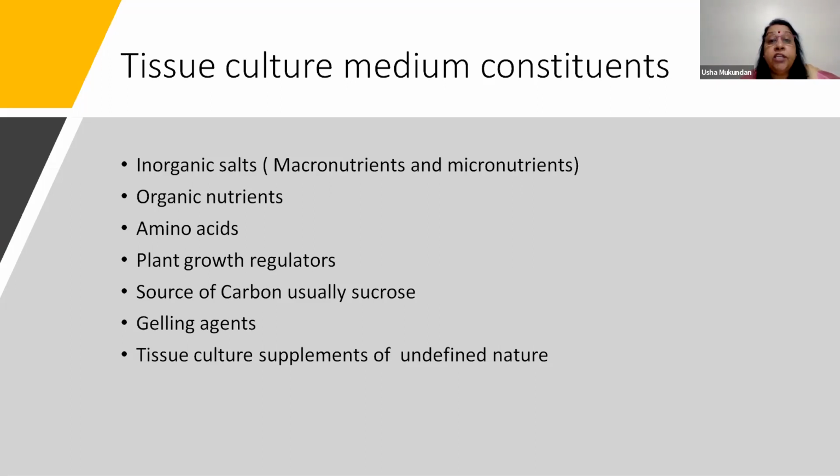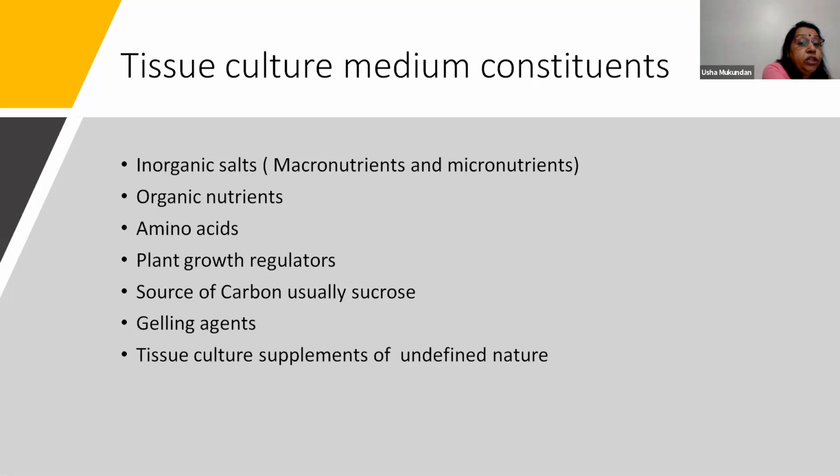I told you Murashige and Skoog in 1962 were the first plant physiologists to define the various constituents of a medium. Now, these media constituents can be of two types. They can be either the ones which are needed in large amounts, known as the macronutrients, or the ones which are needed in small amounts, that is the micronutrients.